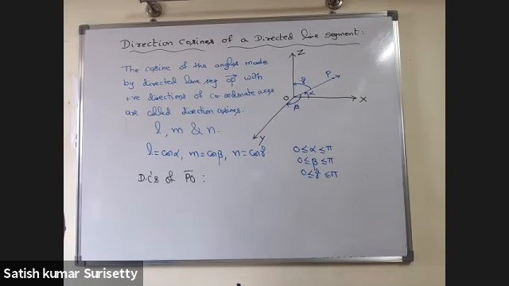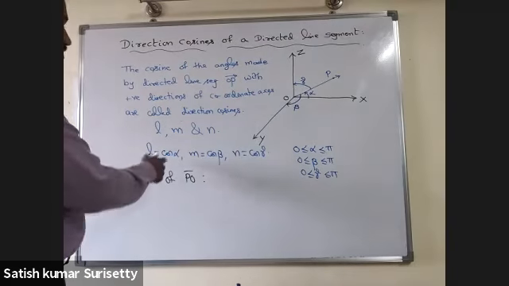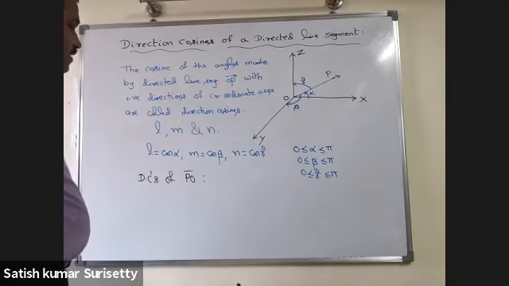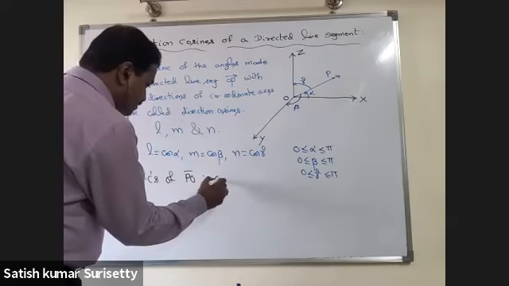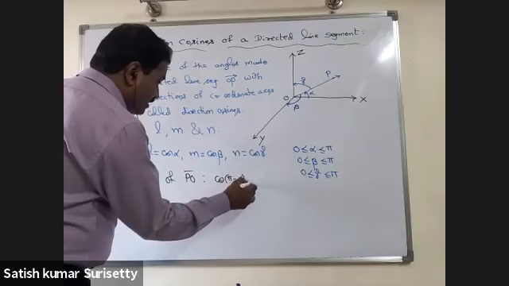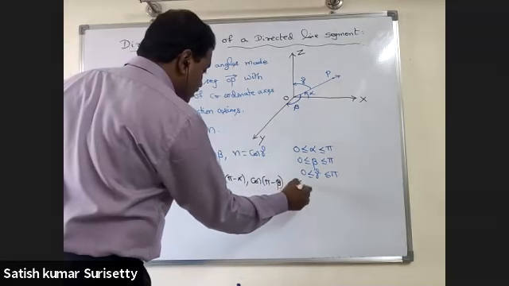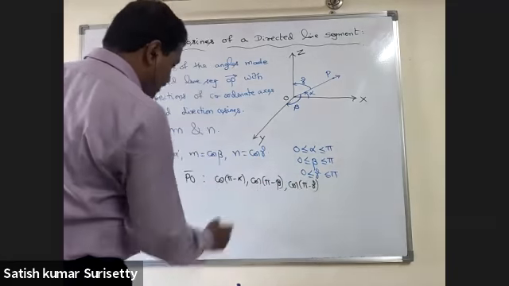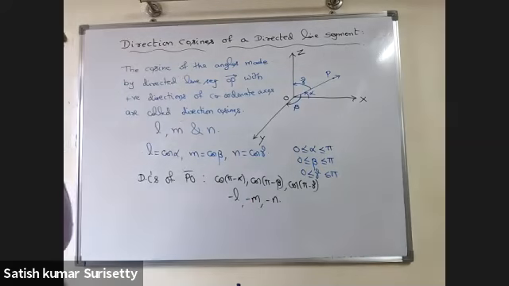Minus alpha, minus beta, minus gamma, that is pi minus alpha, pi minus beta, pi minus gamma. That means cos of pi minus alpha, cos of pi minus beta, cos of pi minus gamma. That means minus L, minus M, minus N.